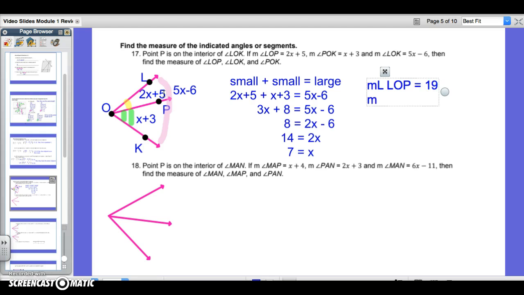Now the measurement of angle, and we're going to talk about LOK. LOK is the entire angle. So the 5x minus 6, so I'm going to plug in 7 right here, and 7 times 5 is 35, and 35 minus 6 is going to be 29.